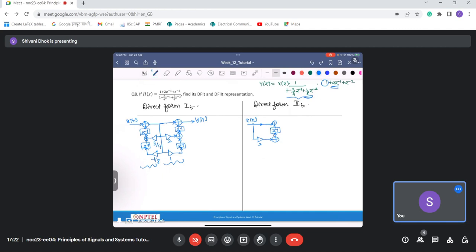Then this gain will come, so I have 1, z inverse, something like this. After that, I'll draw this part.